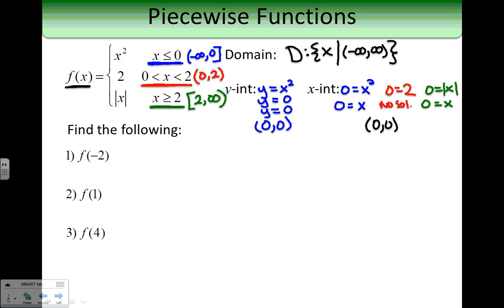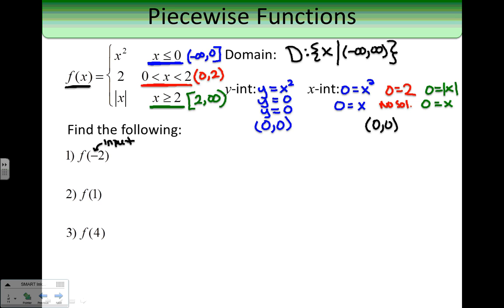Remember, when you have a number inside the parentheses like that, that is your input. That tells us what we're going to input for x. So again, we need to figure out where in my domain I have an x value of -2.